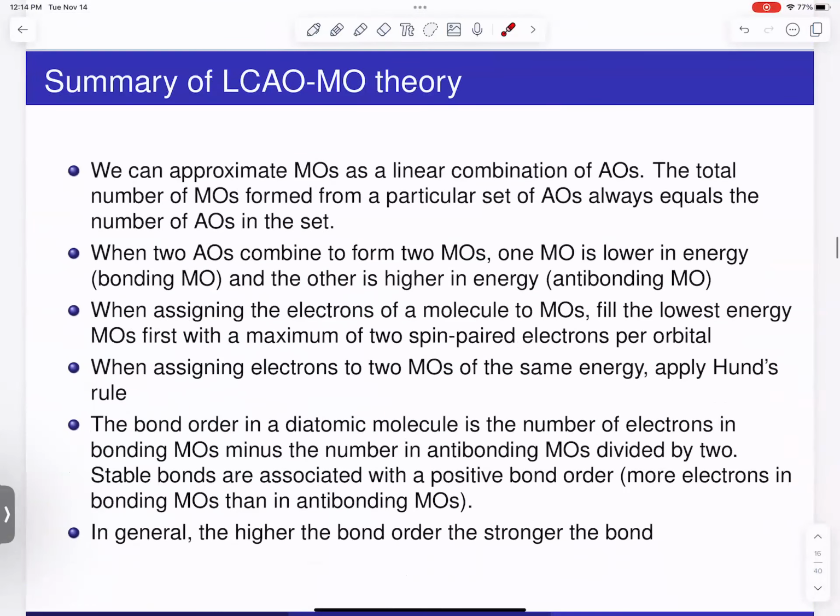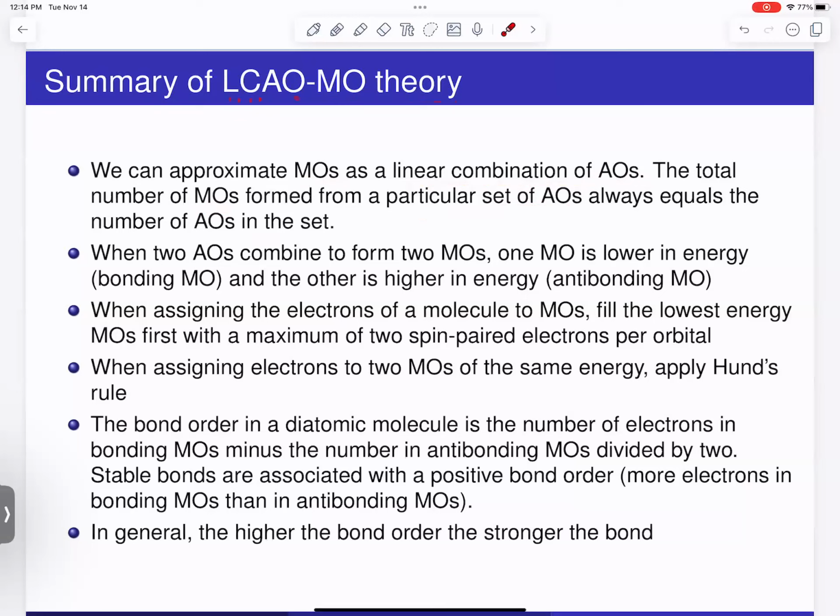All right, so what have we done so far? Right, the basic idea behind linear combination of atomic orbitals, MO theory, is that we can approximate MOs, molecular orbitals, as linear combinations of atomic orbitals. The total number of MOs formed from a particular set of AOs always equals the number of AOs in the set, right?